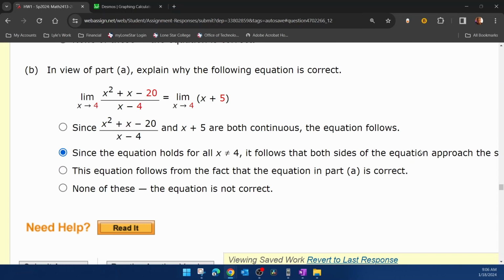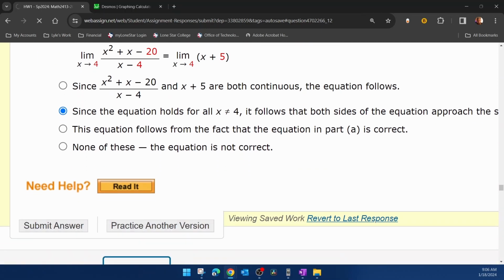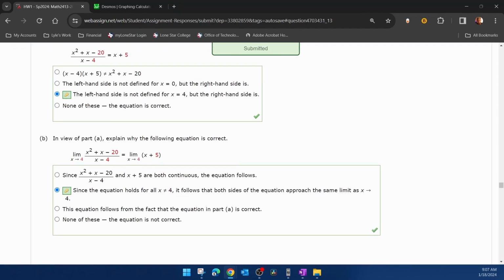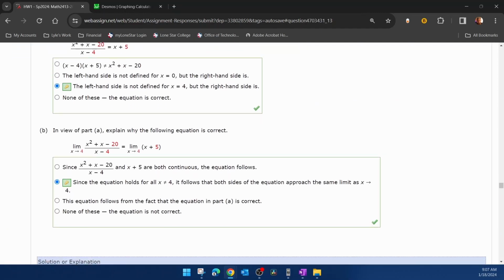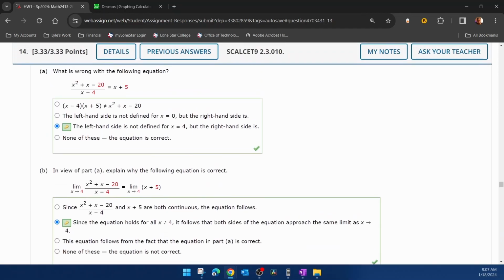That sounds pretty good. The equation follows from the fact that the equation in part A is correct. No, the equation in part A was not correct. And it's not none of these, it's number 2. Since the equation holds for all x's not 4, that means x's that approach 4, not including 4. And so let's see if those answers are correct. Bam! Got it. And that's going to conclude that problem.